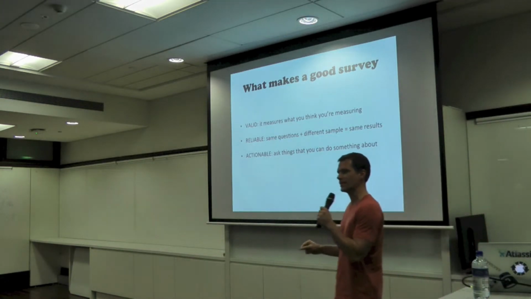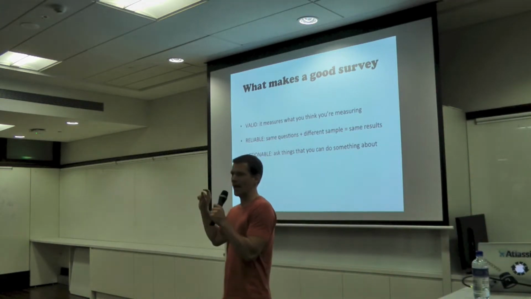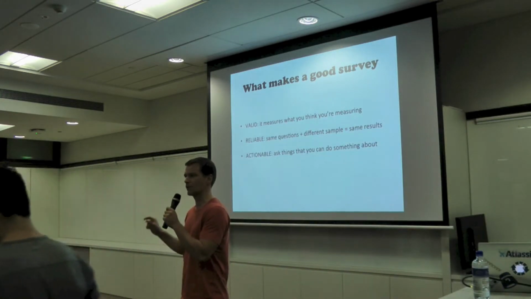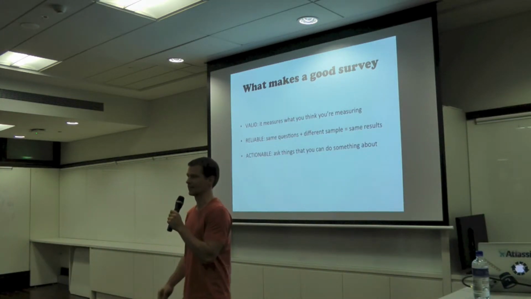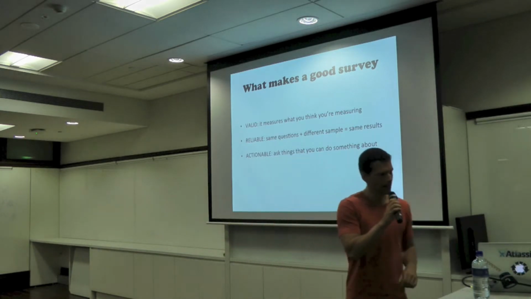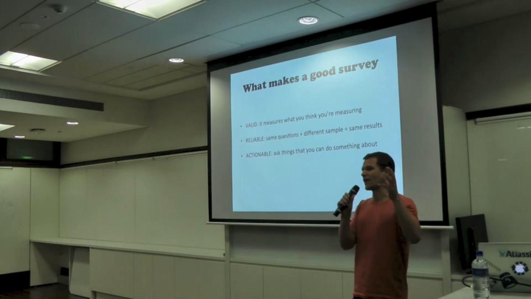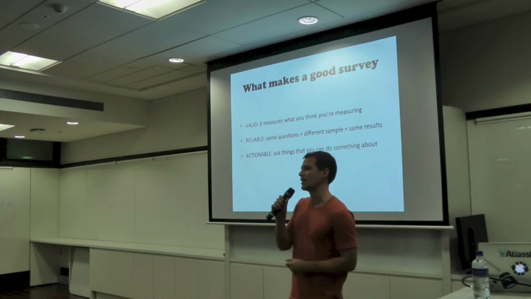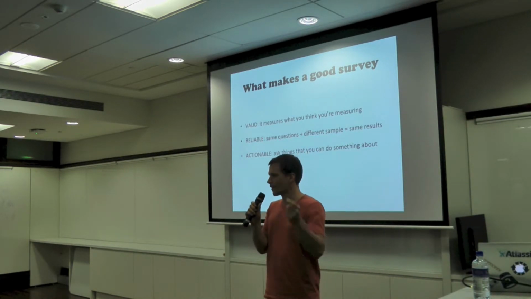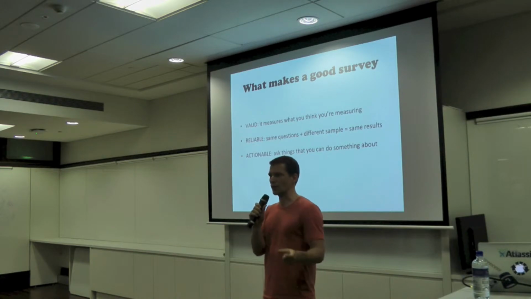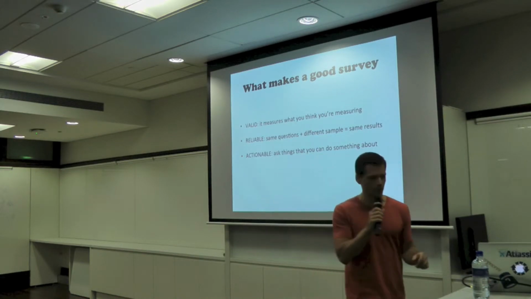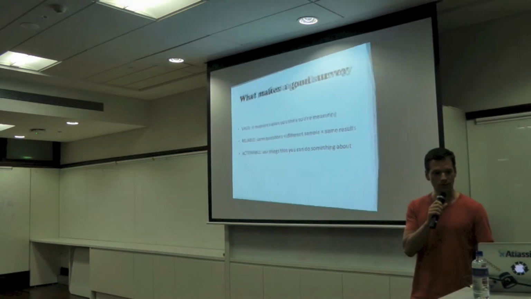Reliable means if you ask a different crowd the same type of question, you should get the same result. And the third is that it's actionable. Don't ask airy-fairy questions about stuff you can't do anything about. You want to keep the survey short and succinct, so just ask about stuff you can actually do something about.